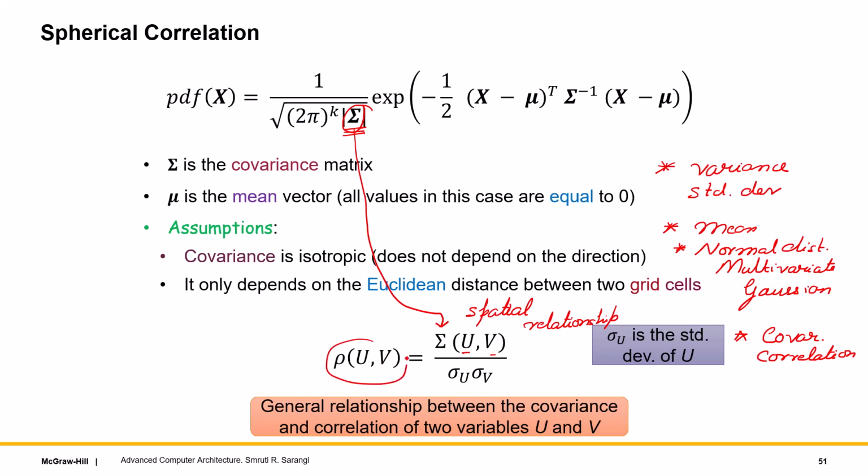You will get the correlation. The correlation in general is a better term to work with because it is dimensionless. And we can think of it as a proxy to this covariance.